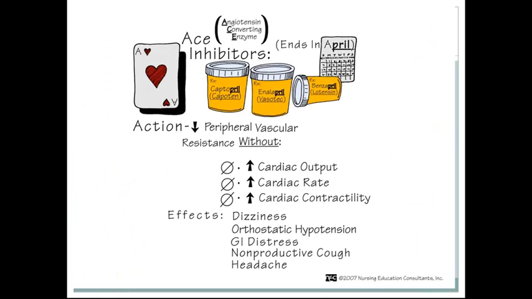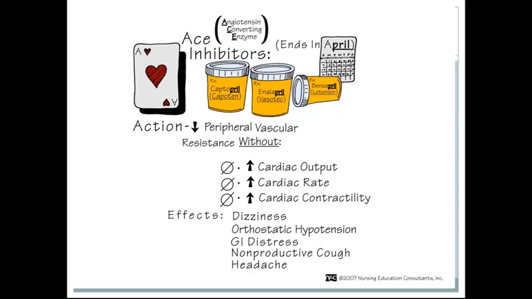ACE inhibitors, angiotensin converting enzymes. This is typically one of the first line medications behind our diuretics as far as hypertension treatment. Thiazides are usually the first line treatment in hypertension, which decreases the amount of blood volume, which decreases the amount of cardiac output in the heart, which decreases the blood pressure.